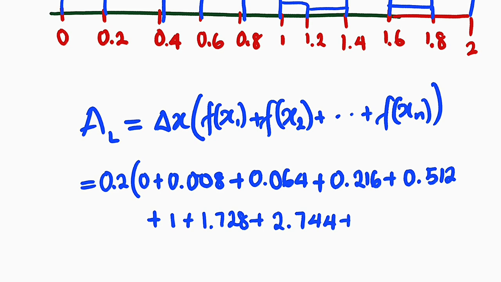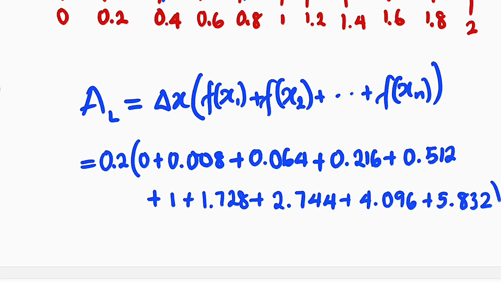We take 1.6, we raise it to the power of 3, that will give us 4.096. We add, we take 1.8, we raise it to the power of 3, that will give us 5.832. Then we stop here.